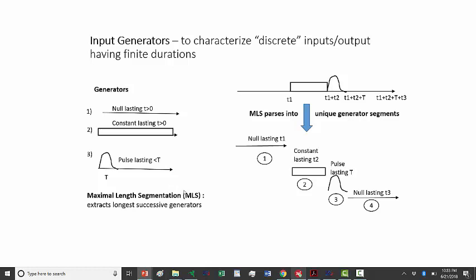But we also need a way to decompose such streams into unique generator segments, and a concept called maximal length segmentation extracts the longest successive generators to give us a unique set of generators for a given time function, such that composing the generators in the order they were discovered reproduces the original segment.